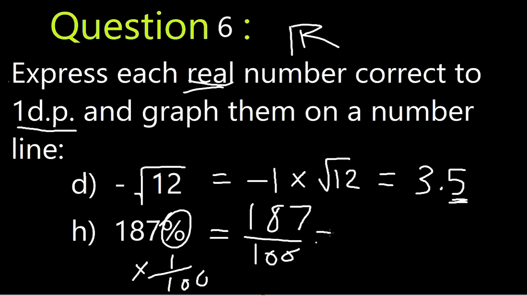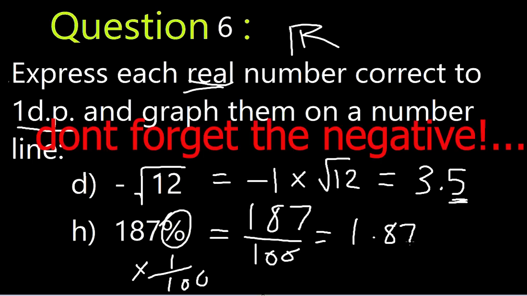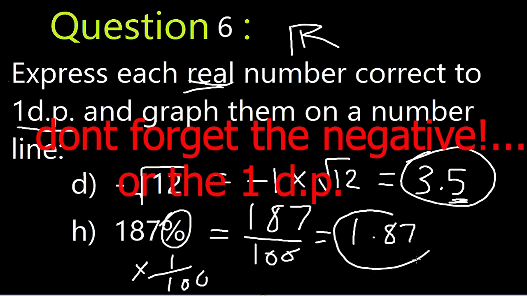Okay, and then putting that into our calculator, we should get 1.87. Remember, you can use your fraction button to change from fractional form to decimal form. Now we should be able to put each of these on a number line. So we've got 3.5 and 1.87.